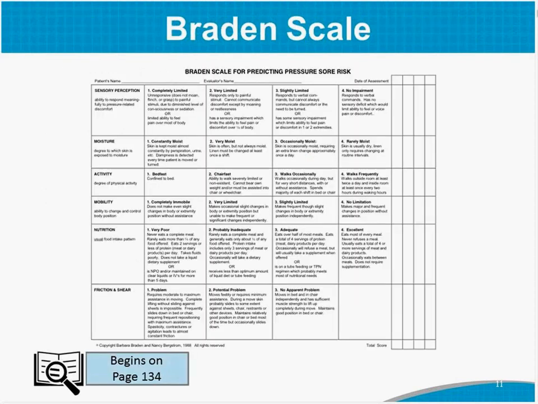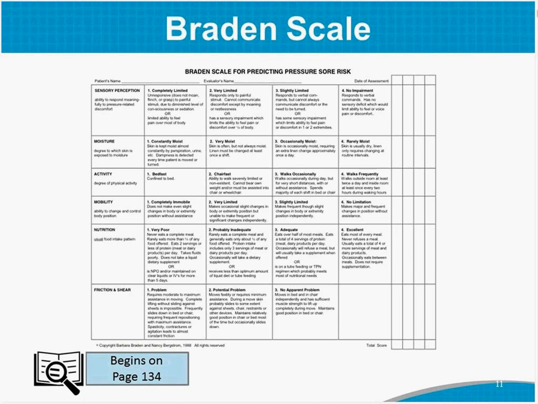On the next slide, you're going to see those 6 factors with the different descriptors that are listed so that the clinician can quantify the patient's risk for each of the 6 factors. And once again, remember, you have this scale on page 134 in the resource section of the AHRQ toolkit.